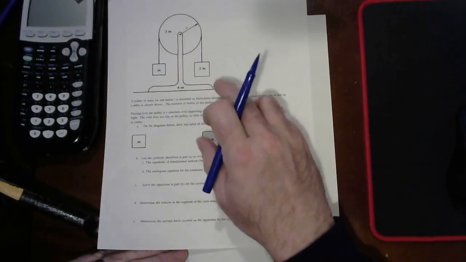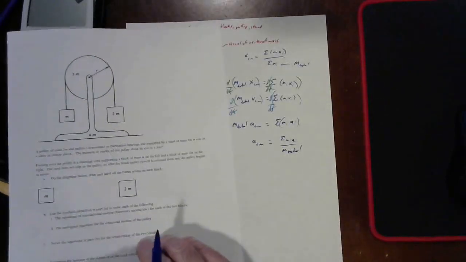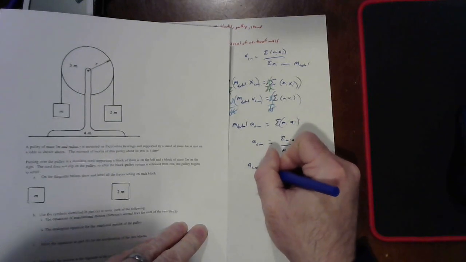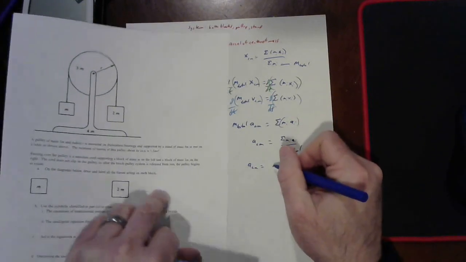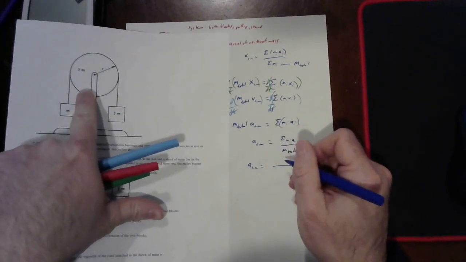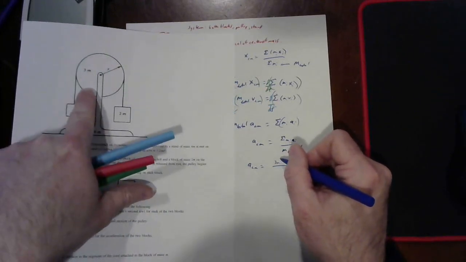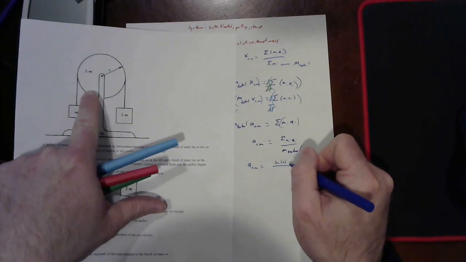Let's apply that to this case now. Okay, let's apply it to this case. All right, if I did that, isn't it true that for the pulley, that would be 3m, and it's not accelerating up and down at all, so that's 0.